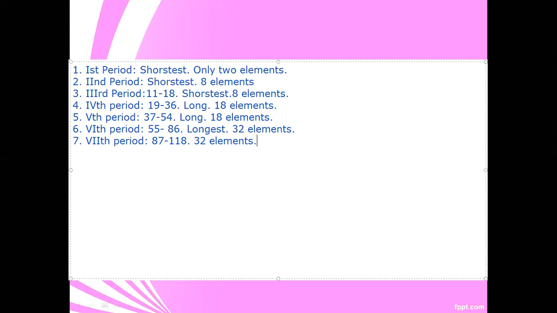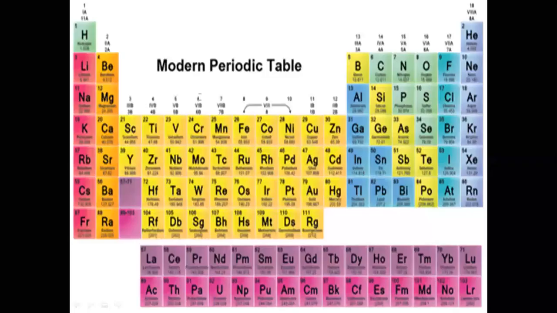So these are the features of periods. The first period, second period, third period, fourth period, fifth period, sixth period, and seventh period. So in the modern periodic table, there are only 7 periods. This is the modern periodic table.